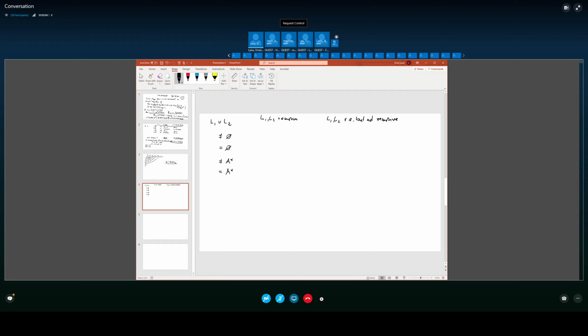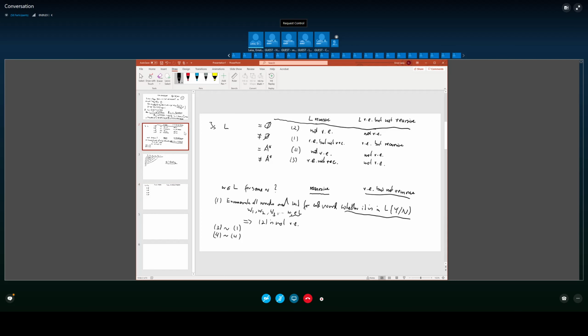then basically the first question, is there a word that is in the union? If both are recursive, then of course we're back to this question. The first question, is L not empty, which for the language L recursive we said is recursively enumerable but not recursive.